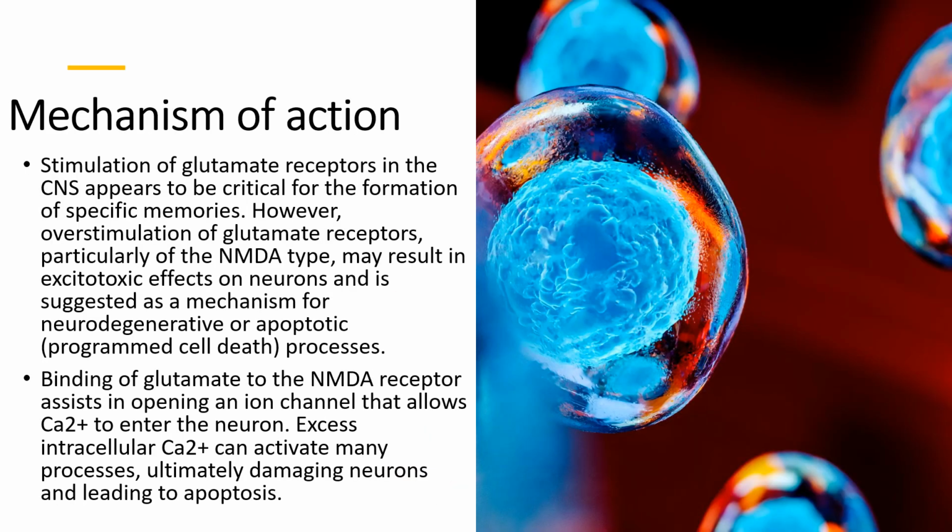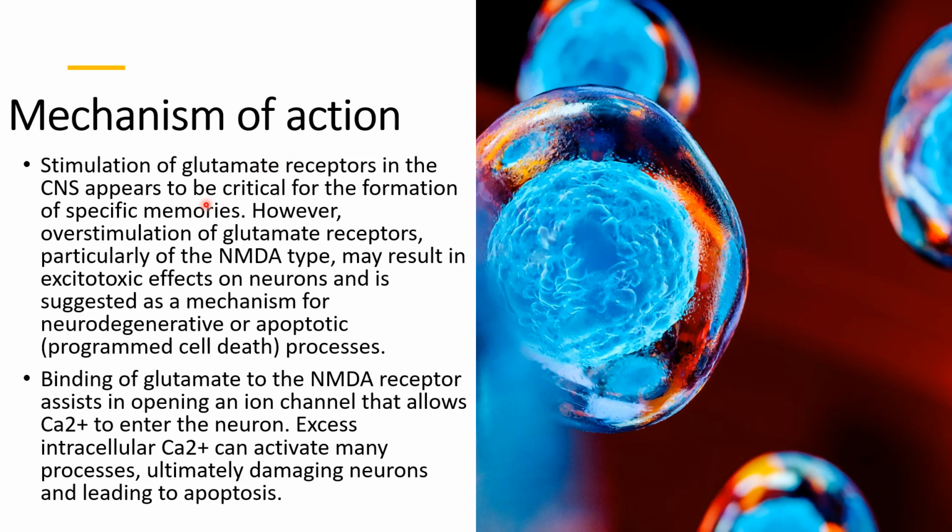So glutamate is a normal neurotransmitter that is present in brain. This glutamate binds to these NMDA receptors that causes the opening of ion channels, and this opening of ion channels causes influx of calcium into the cells. Then this intracellular calcium activates various cellular processes that cause the damage of neurons and lead to apoptosis.